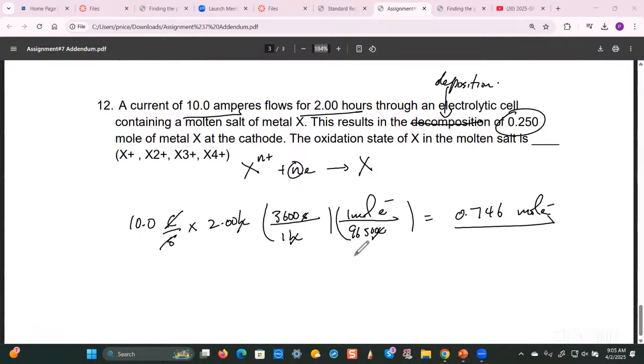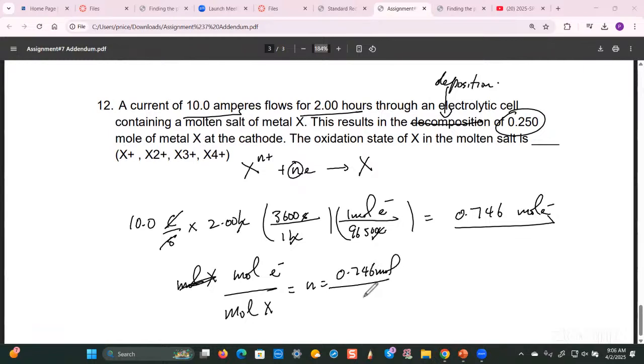If you look at this equation here, the mole ratio between the moles of electrons and the moles of X will be equal to N. So the moles of electrons, 0.746 moles, divided by the moles of the metal, 0.250 moles.